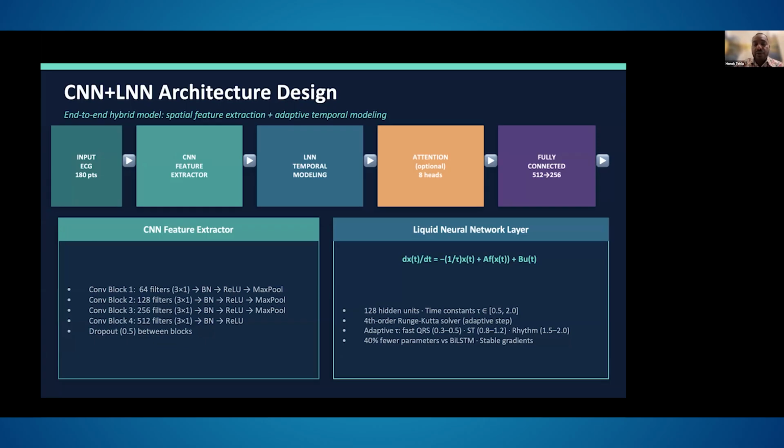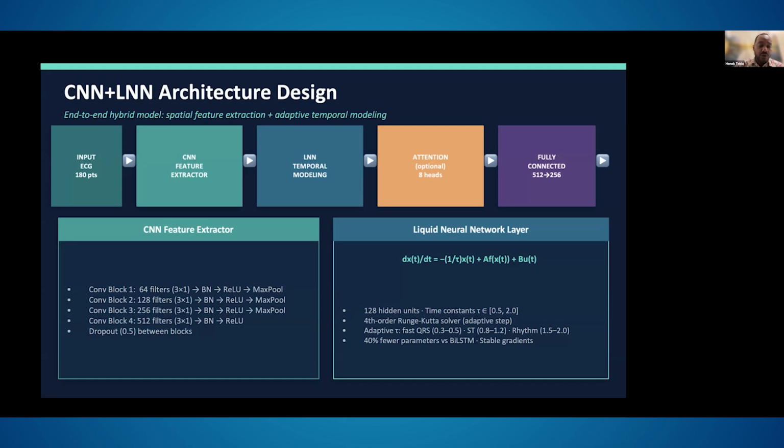Now we have these temporal features, and the attention algorithm focuses on the important parts, so it makes the algorithm faster and more accurate. And finally, we use a fully connected layer and compare it with the output. So this is how the architecture works.